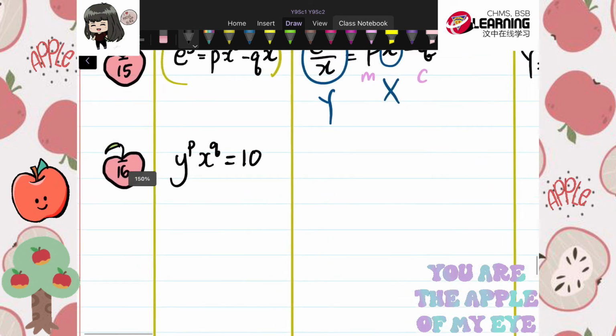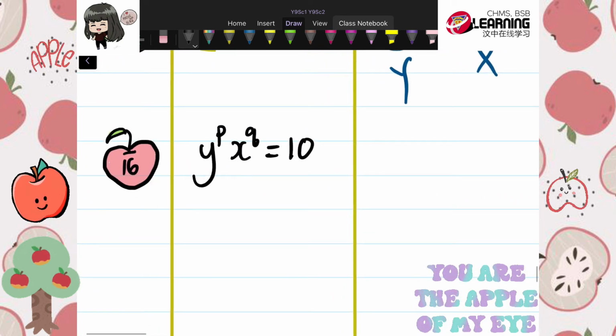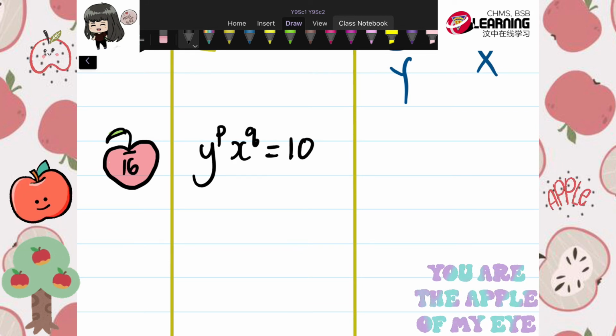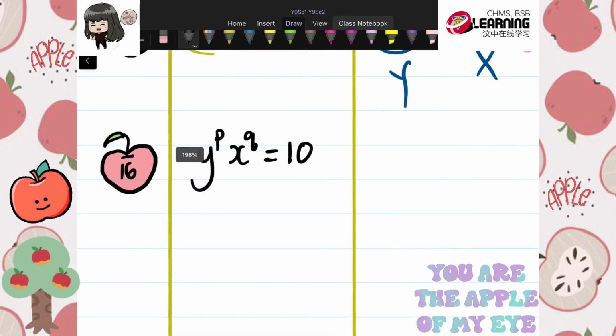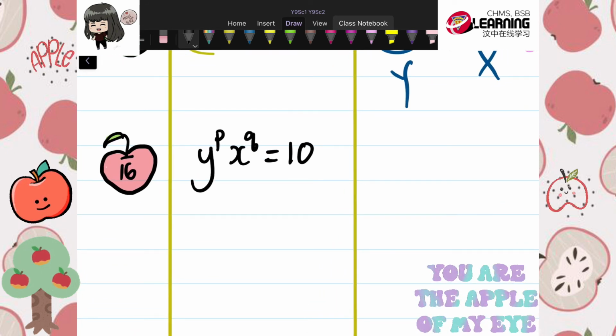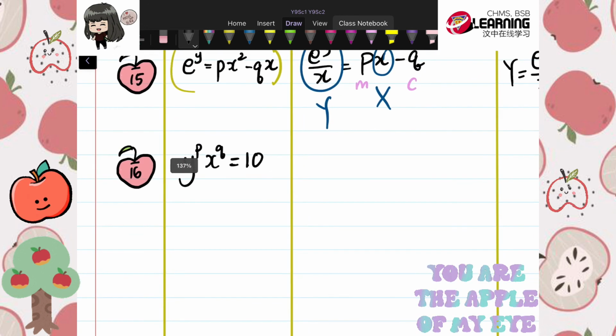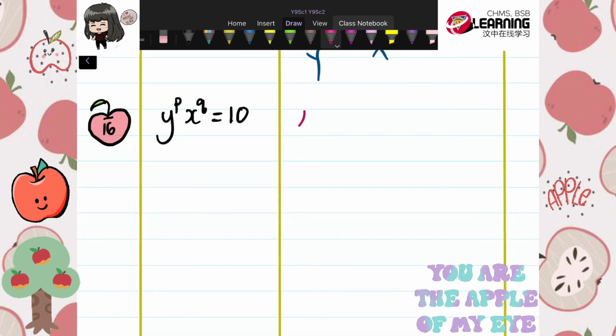Okay, let's look at question 16 now. I give you a few seconds to look at this, and how do you think you want to make this into y equals mx plus c? If you divide by x, you divide by y, cannot, right? So what you're going to do is add on log.